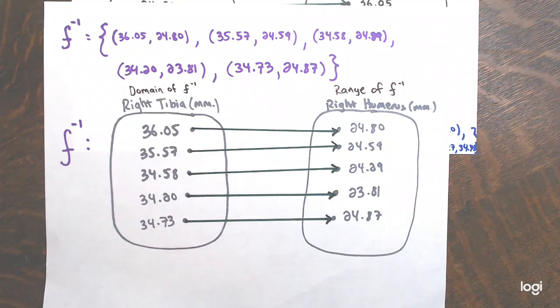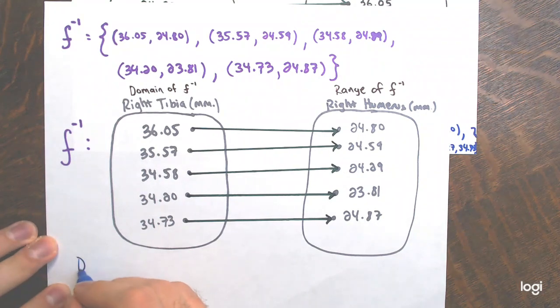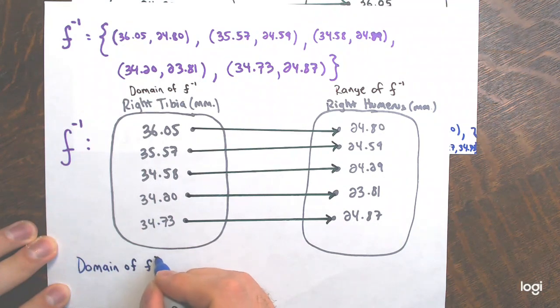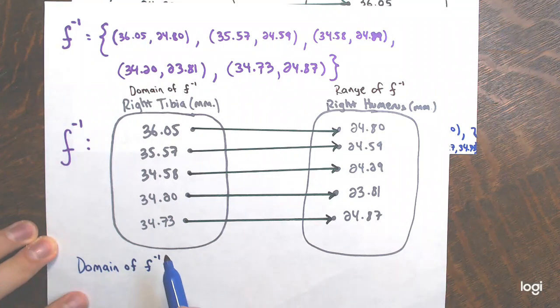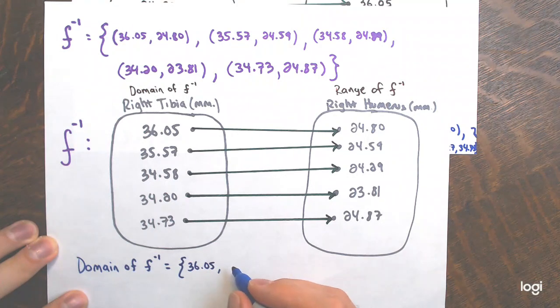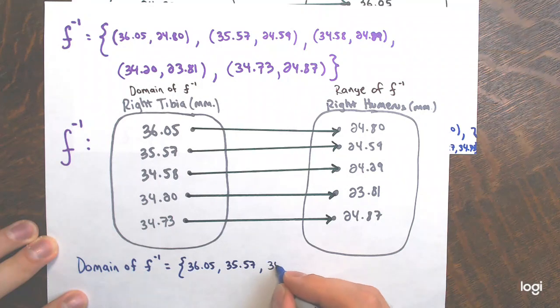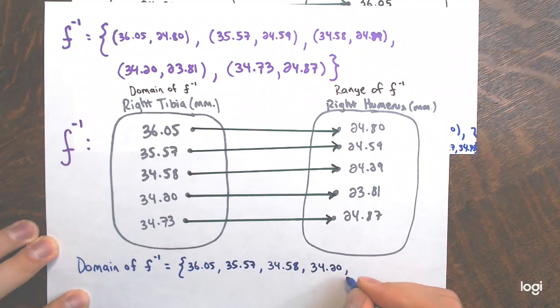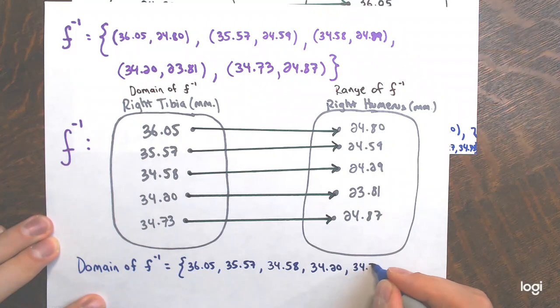The domain of F inverse was all these tibia lengths. It's the set of 36.05 millimeters tibia length, 35.57, 34.58, and you could also put them in order if you wanted, but I'll just put them in the order I'm seeing them, 34.20 and 34.73.